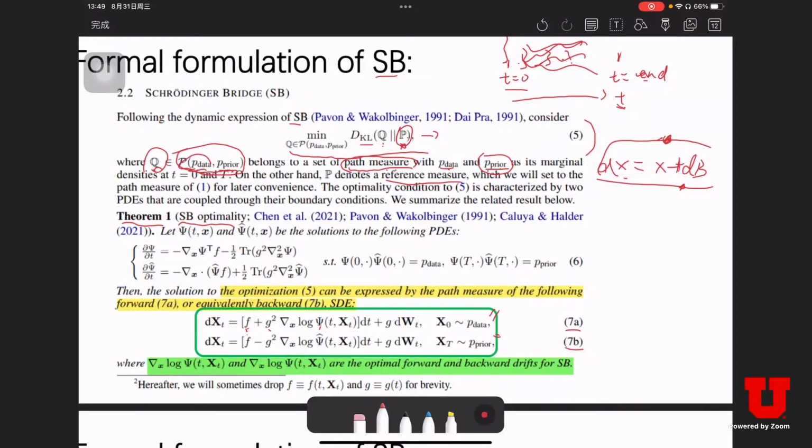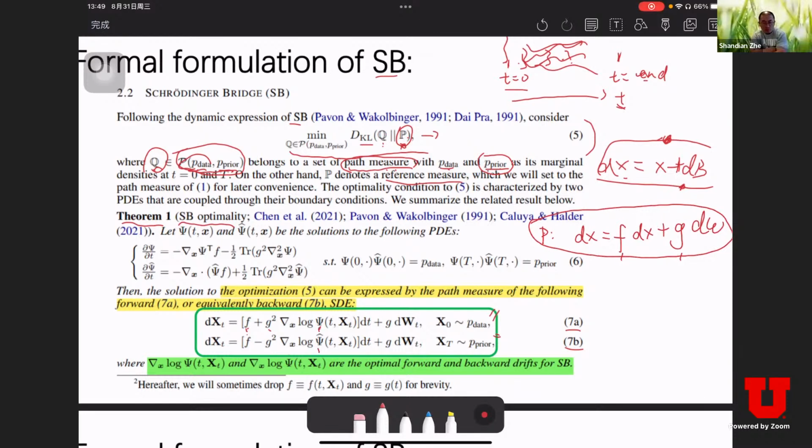The P is the SDE dX equals F dt plus G dW. So we define P, the simple SDE, and now we have F and G here.